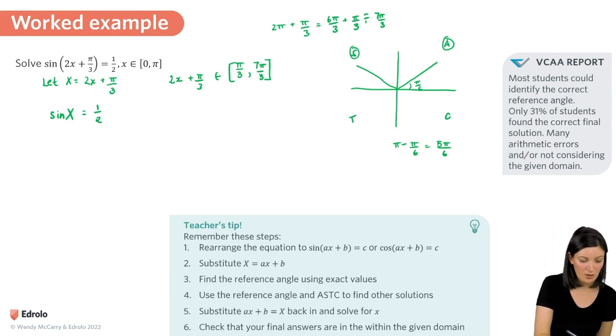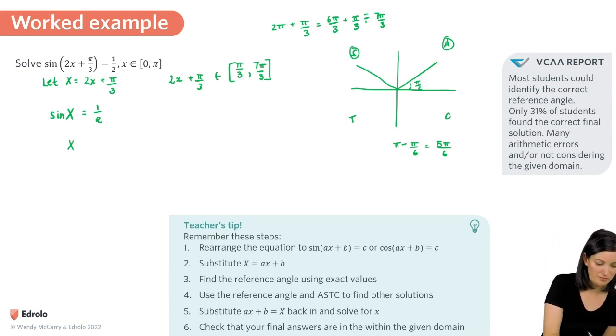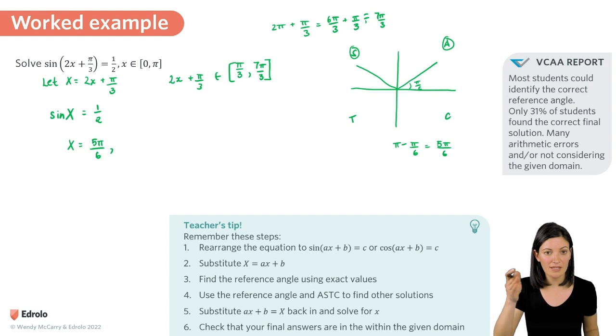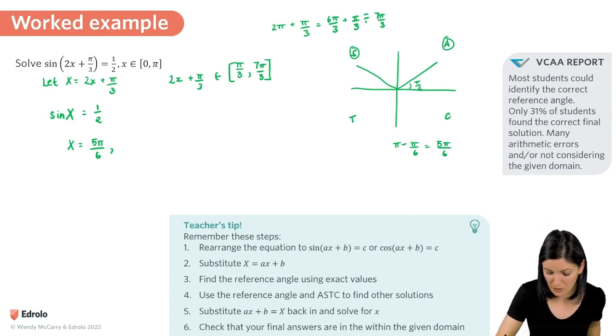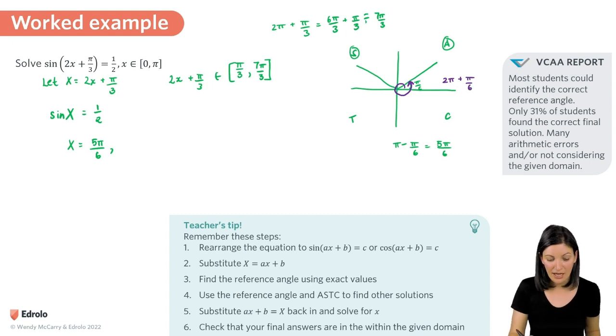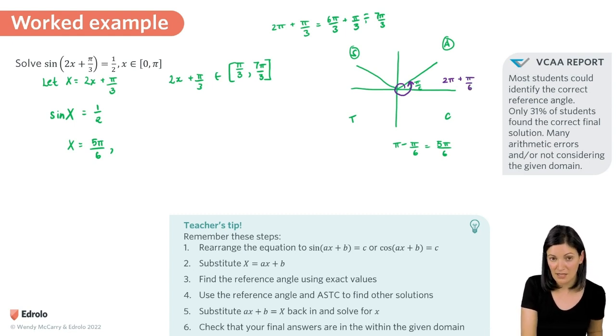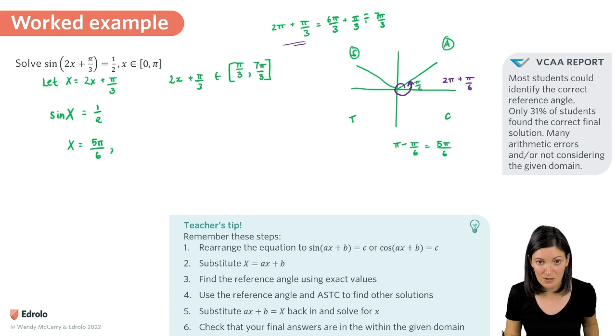So that's going to be my first solution. Now we need to go all the way to 7 pi on 3, which is just over 2 pi. So let's see what happens if I go just over 2 pi here. My next angle would be 2 pi plus pi on 6, and that is less than 7 pi on 3, because it's less than 2 pi plus pi on 3. So that would be my second solution.